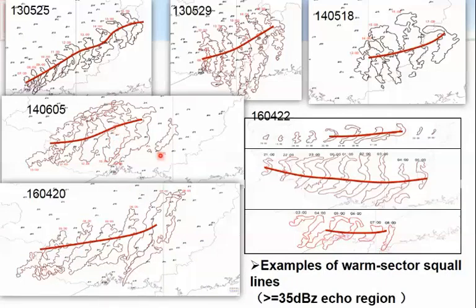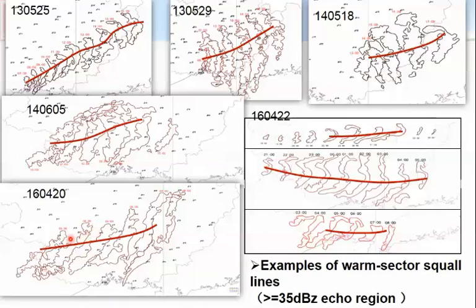This picture shows the moving path of larger than 35 dBz radar echo profiles of the 6 warm sector squall lines. Squall lines were initially generated in south of Guangxi or outside of Guangxi and then moved into Guangxi.